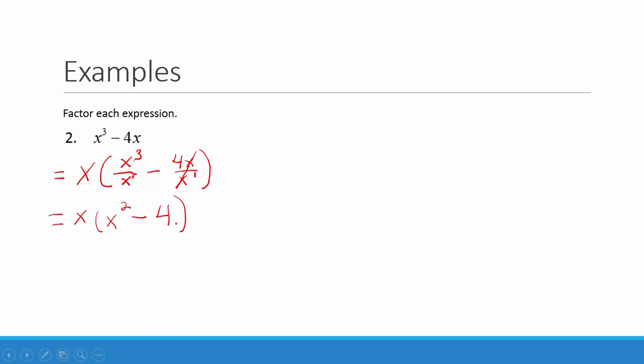So now we have a binomial inside the parentheses, and we can factor that. So I'm going to write what is inside the parentheses over here, and let's work on that. x squared minus 4 is in the form a squared minus b squared. We can write this as x squared minus 2 squared. So our a is equal to x, and our b is equal to 2.